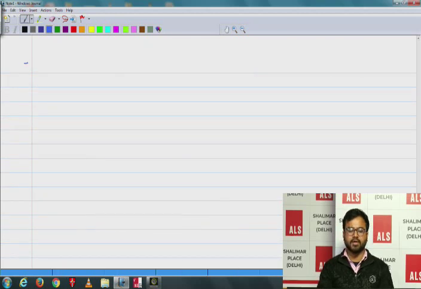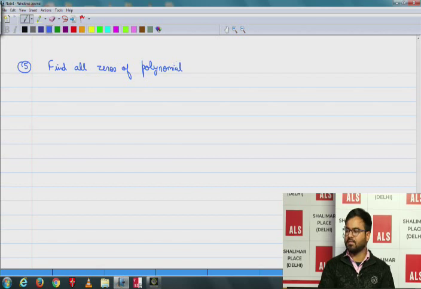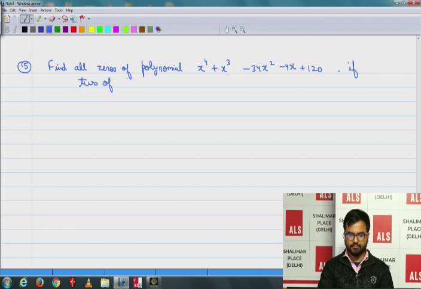Okay. Now try this question. Find all zeros of the polynomial x power 4 plus x cube minus 34x square minus 4x plus 120, if two of the zeros are 2 and minus 2.